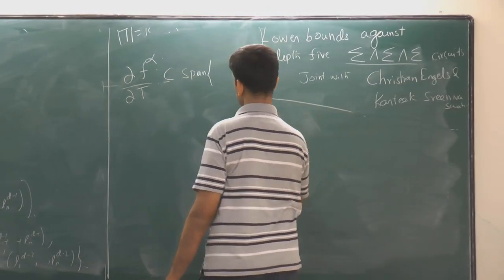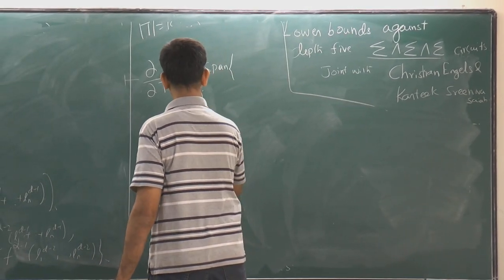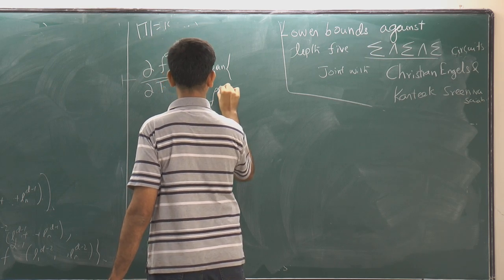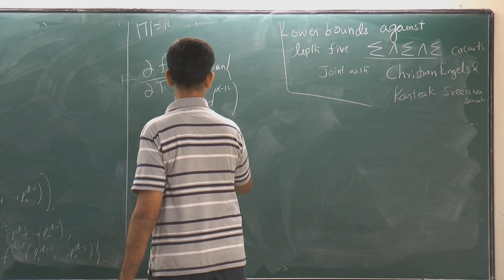Okay. So this will be in the span of the union over i equal to 1 to k of f to the alpha minus i.